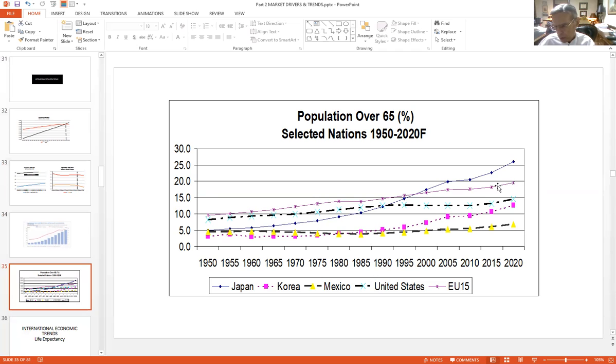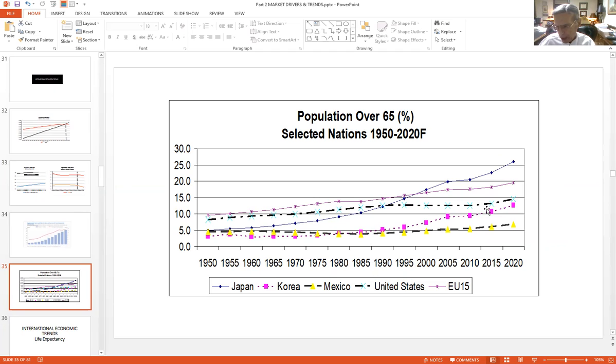This line, this brown line down here, approaching 20%, is the 15 countries in the Eurozone that use the euro as their currency. These tend to be the larger countries. The dotted black line is the US, and now, as I mentioned earlier, we're up just about 15%.